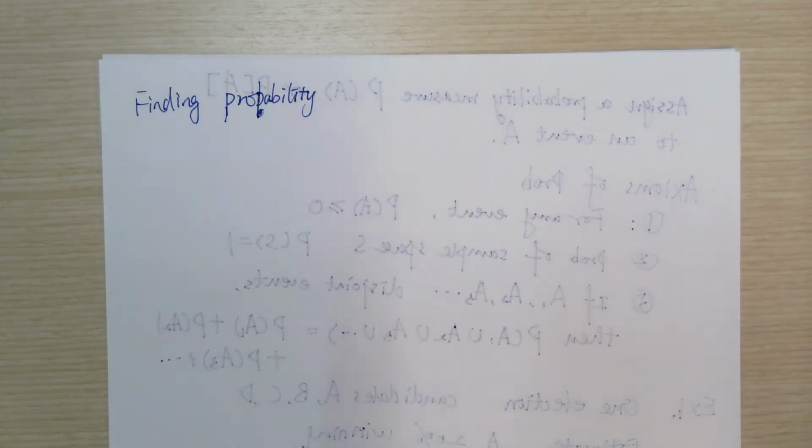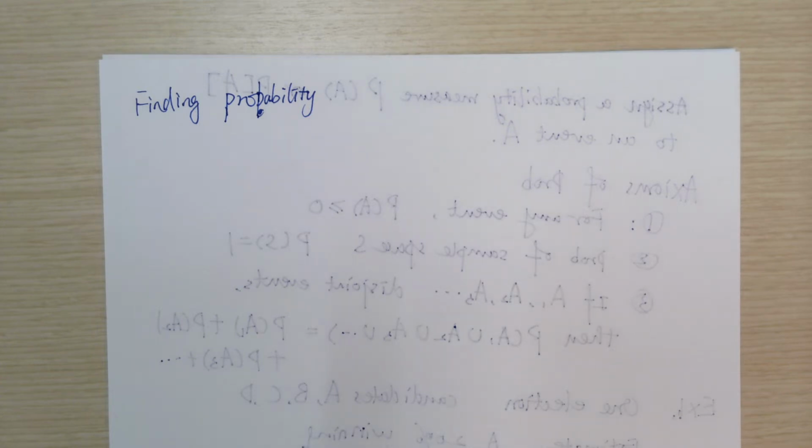Okay, so now let us talk about finding probabilities. If we are given a random experiment along with a sample space, to find the probability of an event, we basically follow two steps.